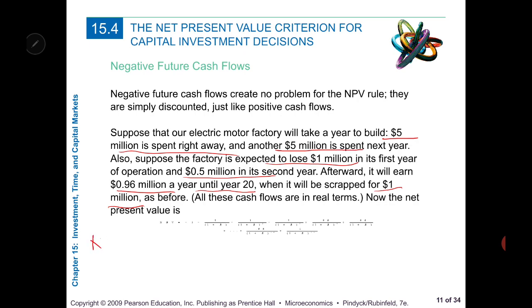So you've got to craft your NPV expression carefully. So first year 5 million, no discount. Second year 5 million spent, I'm talking about this one, spent in the next year. So that has to be discounted. And then it's expected to lose money in its first year, so that's another negative.